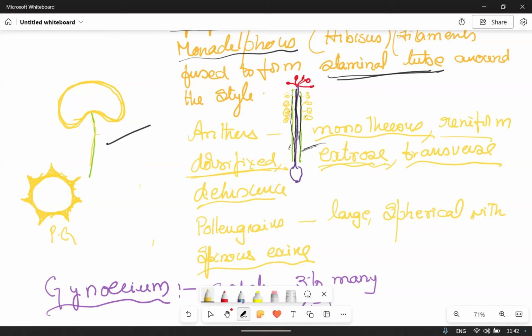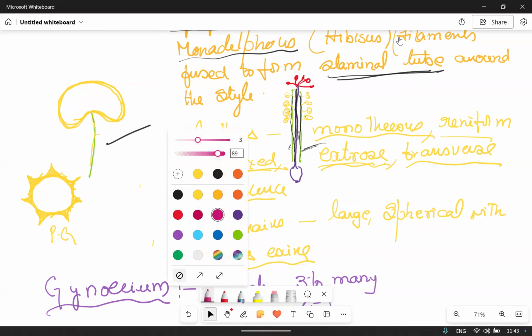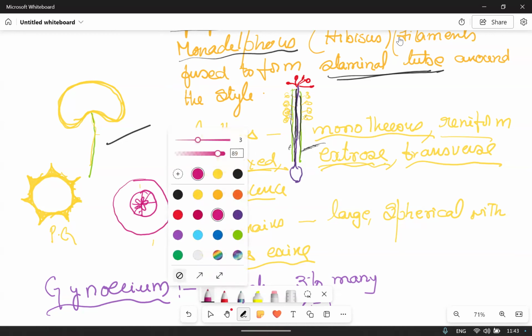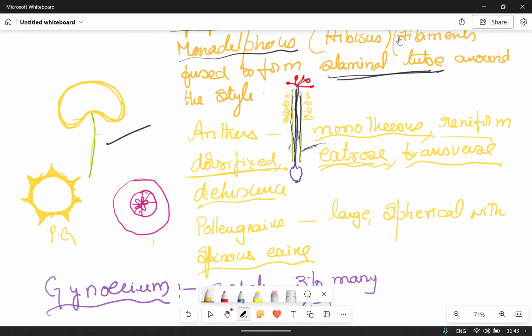In the floral diagram, when you observe, this is the gynoecium with axial placentation. And numerous stamens are present. All those filaments are fused to form a staminal tube. And these anthers face towards the outer side like this. These are monothecous; like this you should draw.